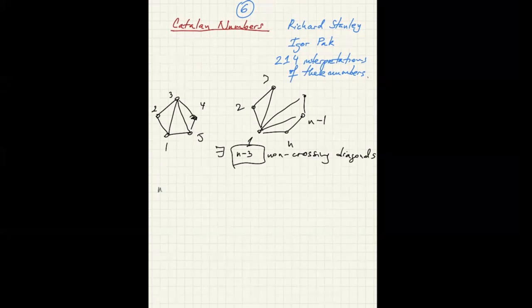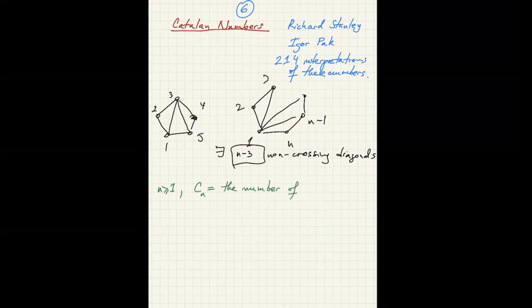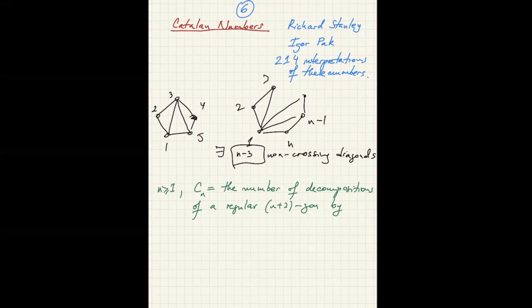For n greater or equal to 1, Cn, the nth Catalan number, is the number of decompositions of a regular n plus 2 gon by, so in this case, since we're using n plus 2, we can draw n minus 1 non-crossing diagonals.